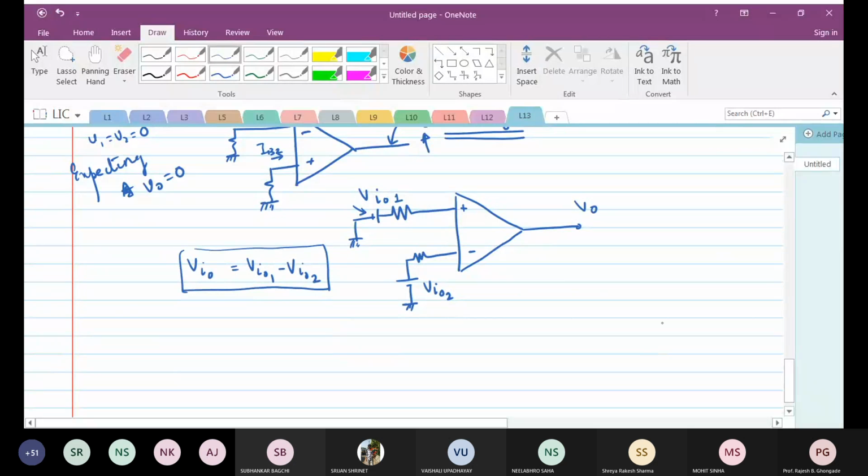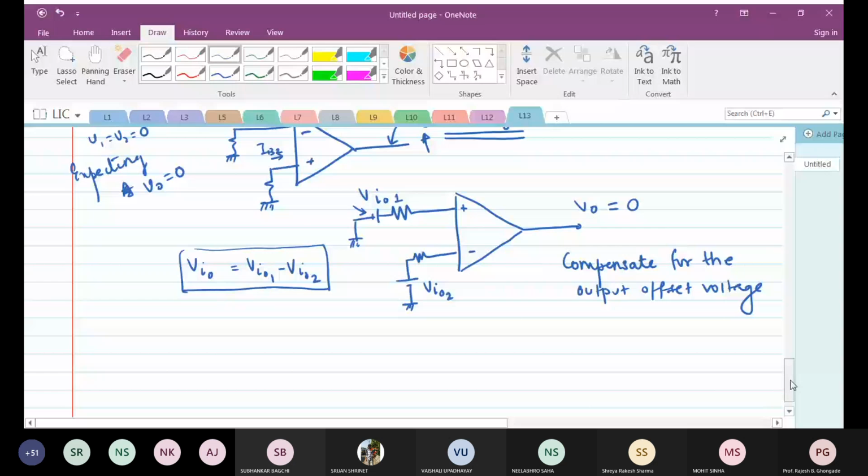It simply means that I have to apply some voltage difference between the inputs so that I can have V out exactly equal to 0. That is, I am actually trying to compensate for the output offset voltage.